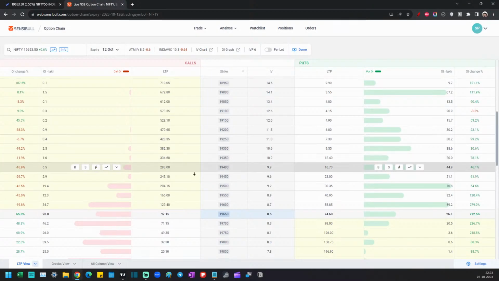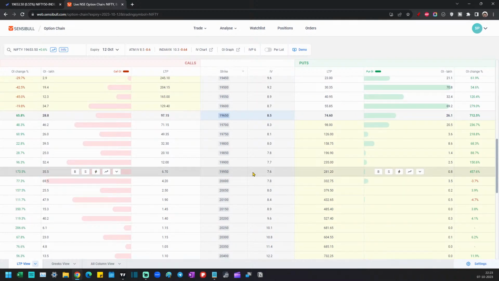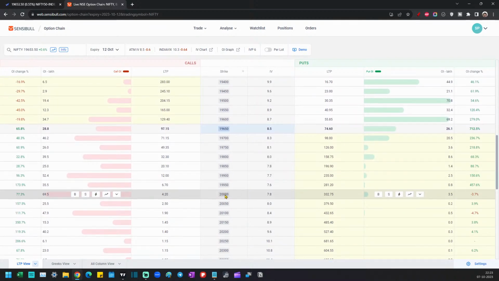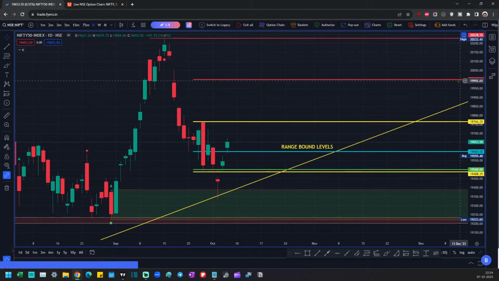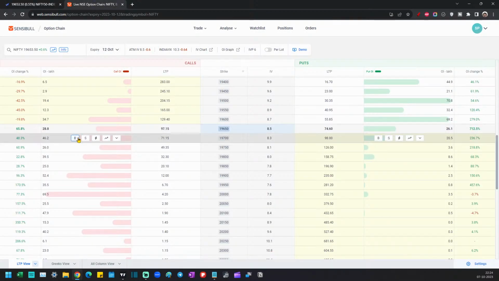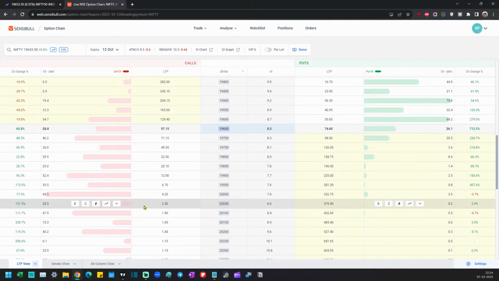And if I take you to the call side, on the opposite side, again the highest call writing is at 20k, which matches our monthly level of 20k. So 20k to 19,600 is going to be the probable range for Nifty as per the OI data. But the immediate highest call resistance that Nifty is going to see is at 19,700.